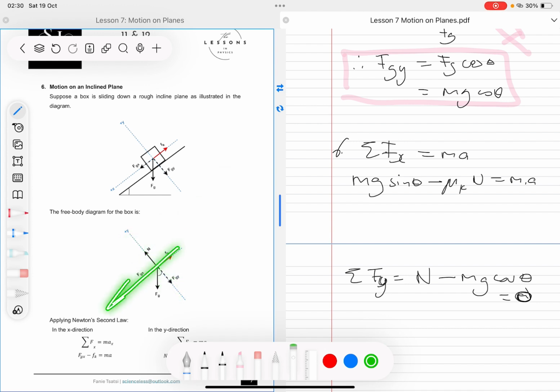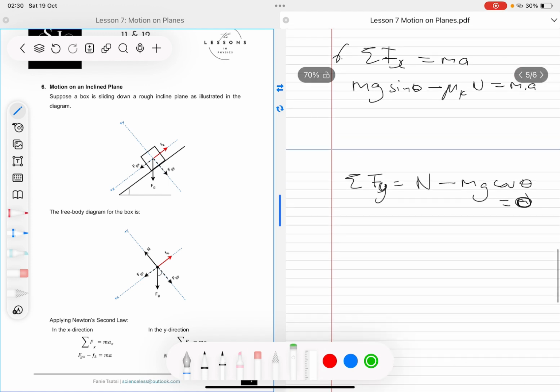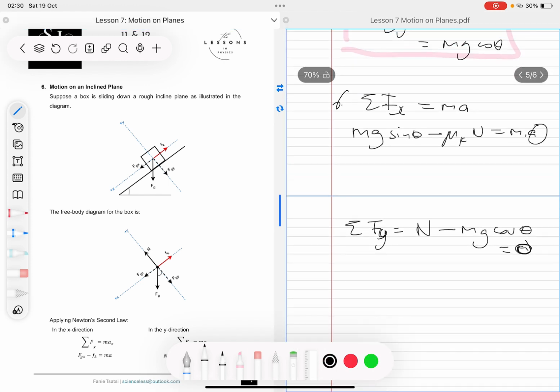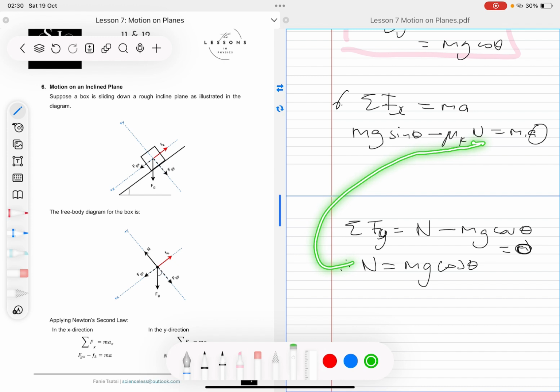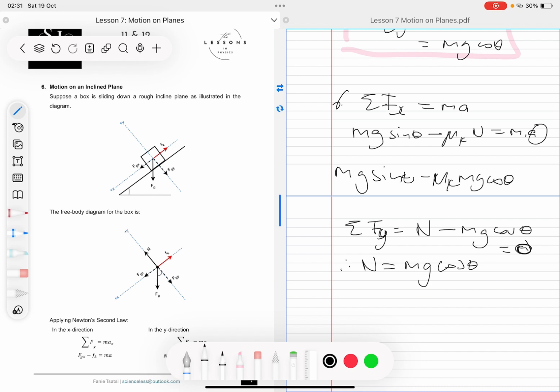It's only sliding down like that with the acceleration a here, right? So this would mean now that the normal force equals the perpendicular component of gravity, the component in the y direction, right? And as usual, we can take this and substitute it here, so that we then have mg sine theta minus mu k mg cos of theta equals mass times the acceleration.